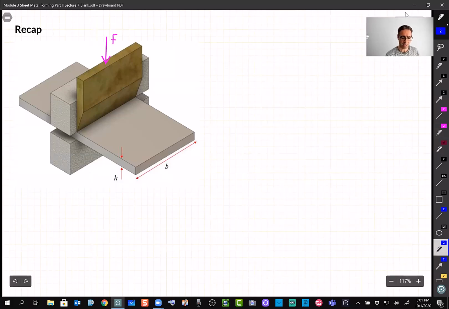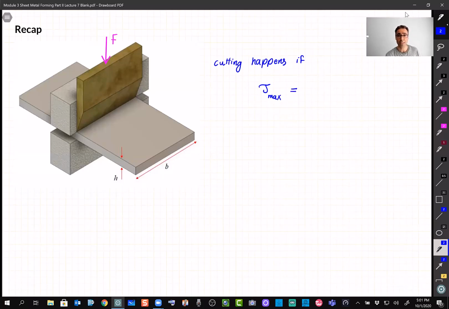And we said cutting happens if the maximum shearing stress in the plate reaches its ultimate shearing strength, which is SUS, all right?